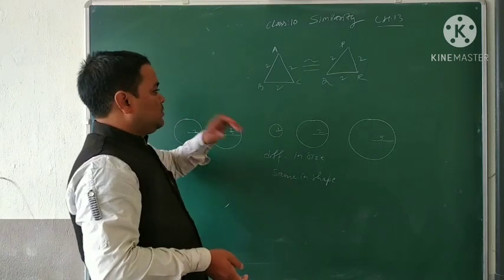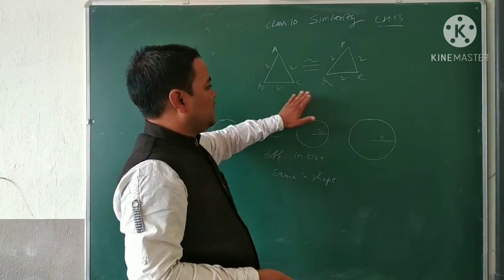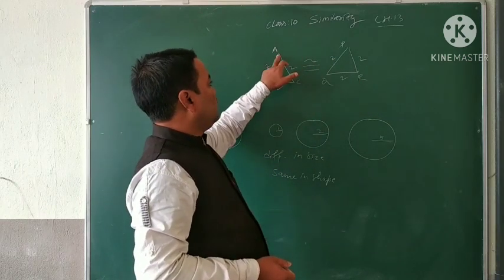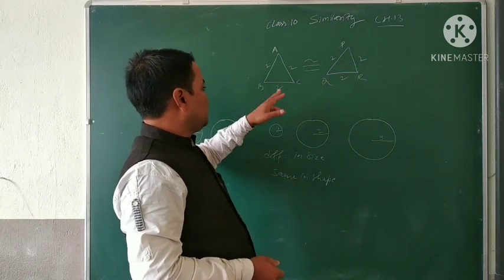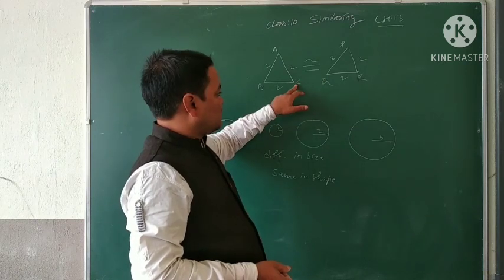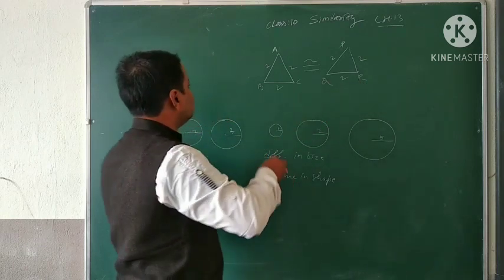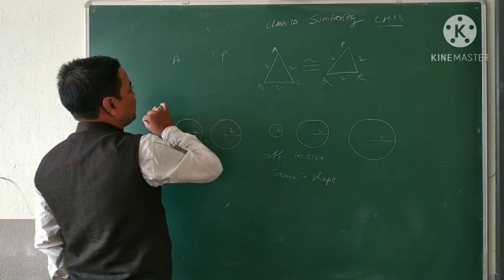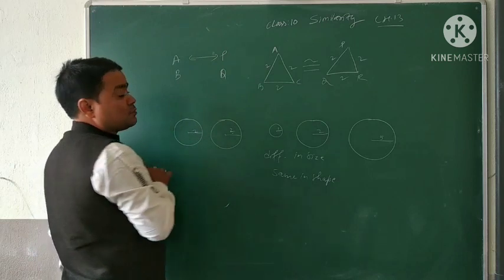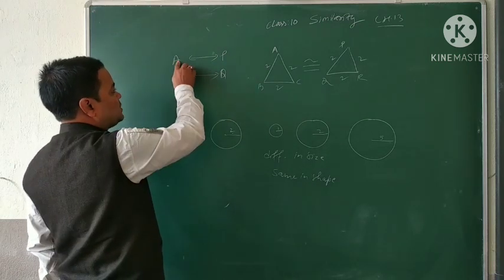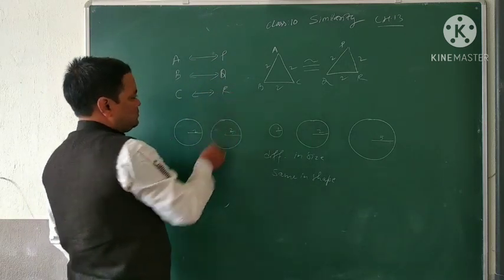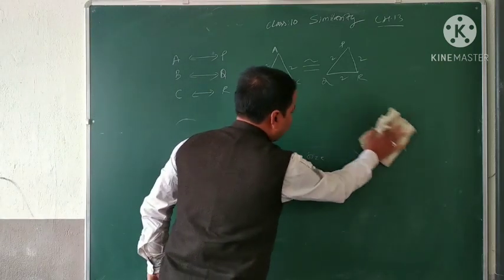Similarly, if we put triangle ABC over triangle PQR, then just below vertex A will be vertex P, just below vertex B will be vertex Q, and just below vertex C will be vertex R. Here A will be just below P, and B below Q; they are called corresponding vertices. A corresponds to P, B corresponds to Q, and C corresponds to R. It means they will overlap with each other.